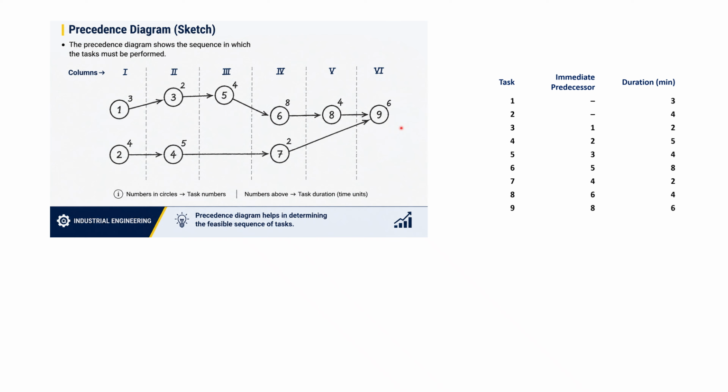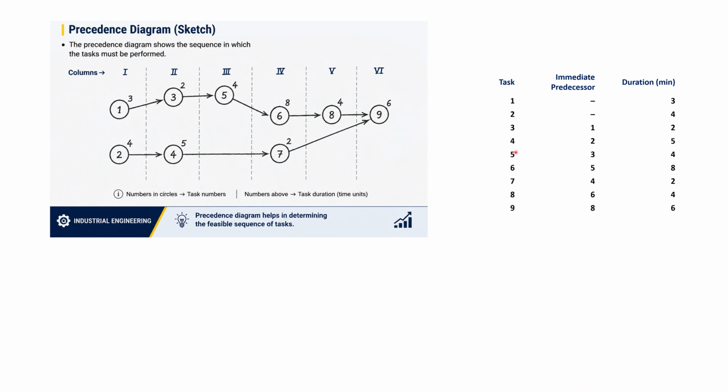Here the completed network diagram is shown. 1 and 2 have no predecessor, so those two are started first. On 1 and 2 we can see 3 and 4. Those are the durations in minutes. Then the next task is 3. Before 3, 1 should be completed. So from 1 to 3 there is an arrow. That means after 1, 3 is started.